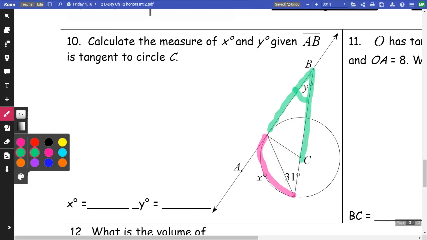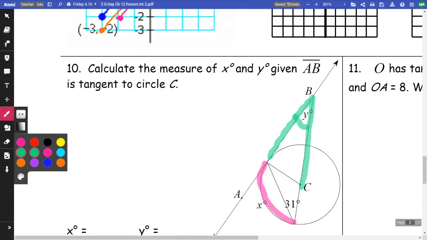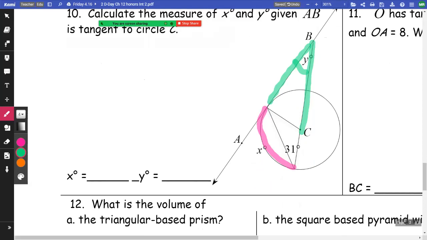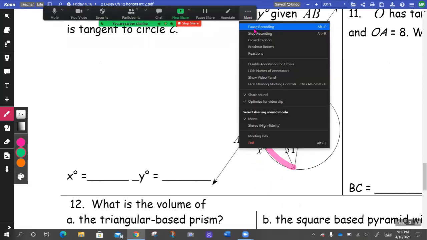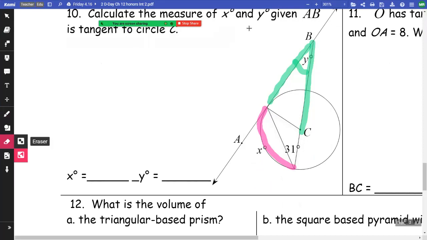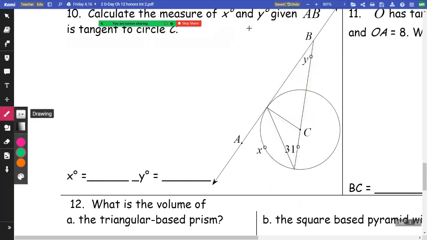So for this, the first thing let me focus on is the following. Let me focus on this. If this angle right here is 31, then I know that this, and here, let me continue that.